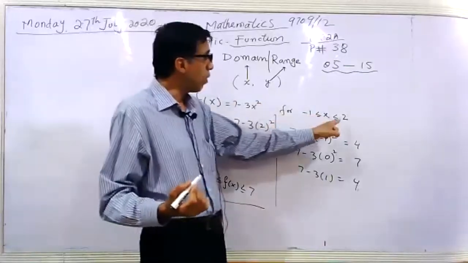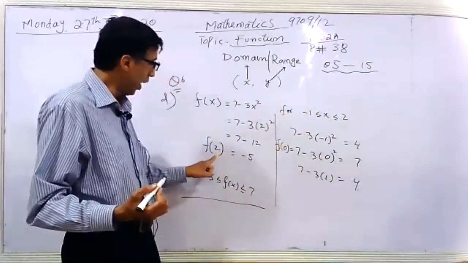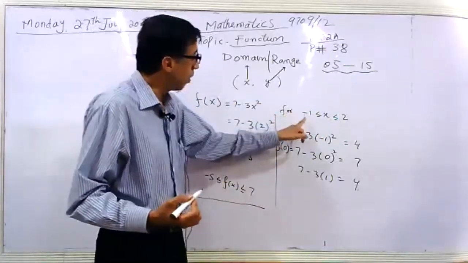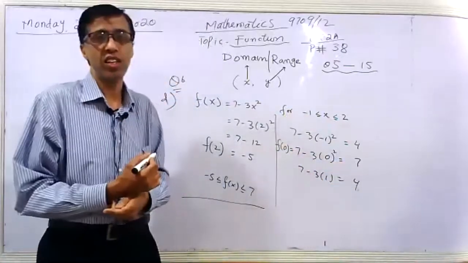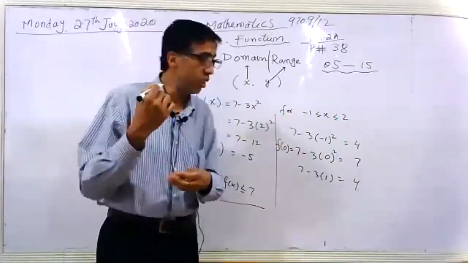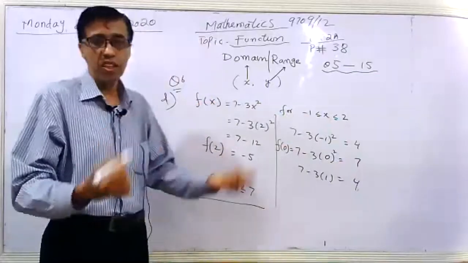Just see, I kept the maximum value 2 and got the minimum, and I kept the minimum 1 and got the maximum. It depends upon your equation, on which type your equation is.